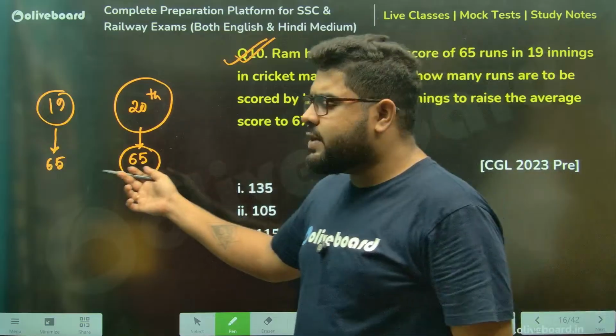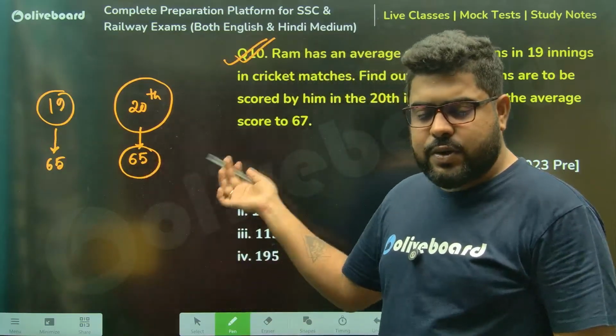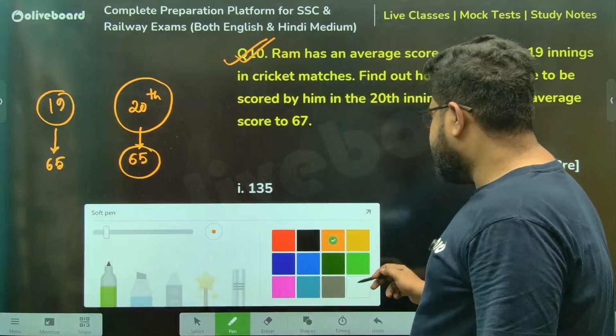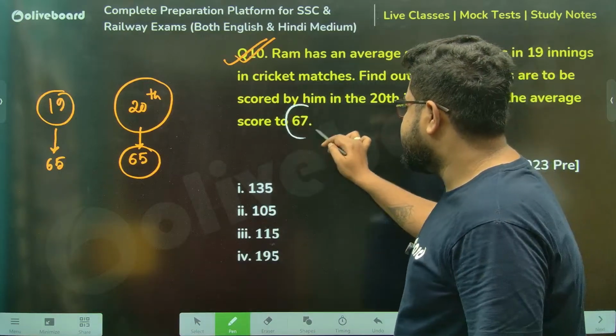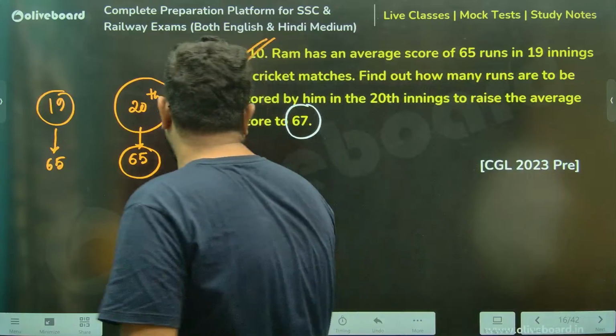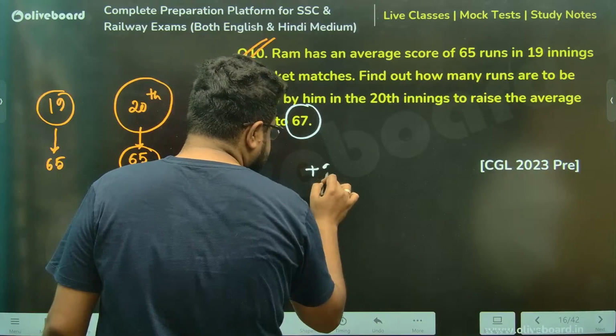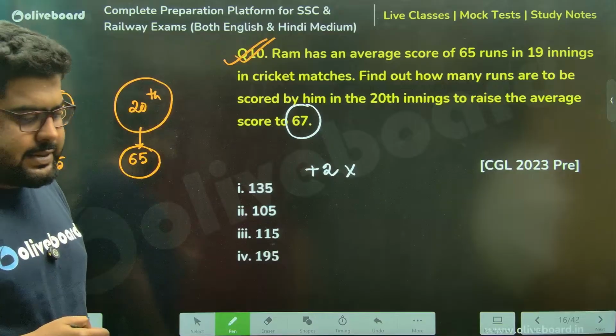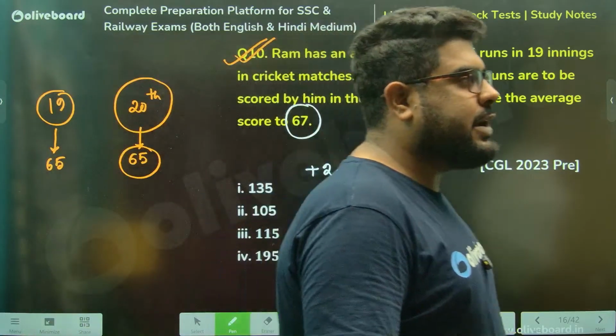They will say the average will remain 65 because he has scored the same amount of runs. But that is not the case. The average is 67, meaning the average has increased by 2.